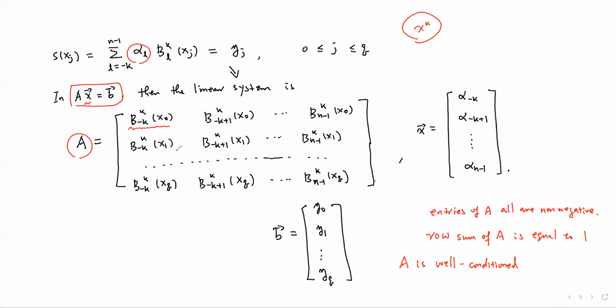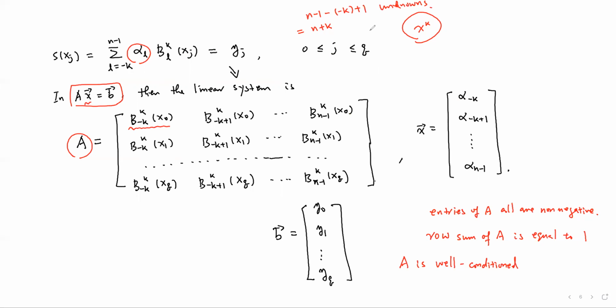After we have matrix A, we can solve the linear system. The linear system has infinitely many solutions. How many unknowns? Alpha_l, with l from negative k to N-1, so N-1-(-k)+1 = N+k unknowns.